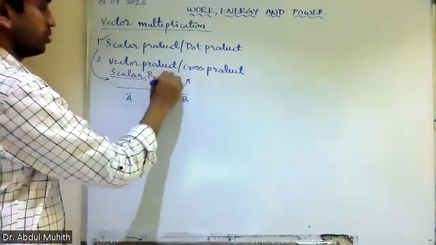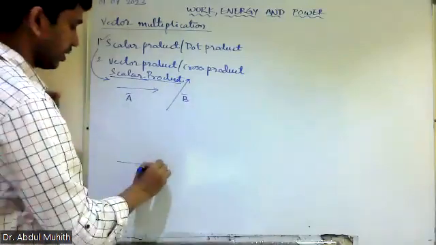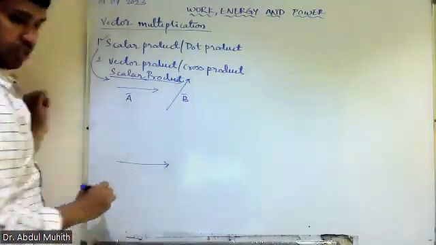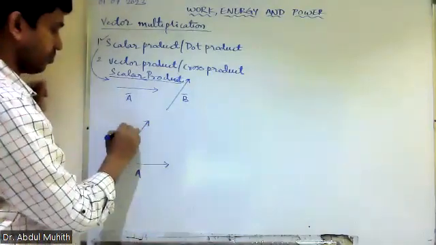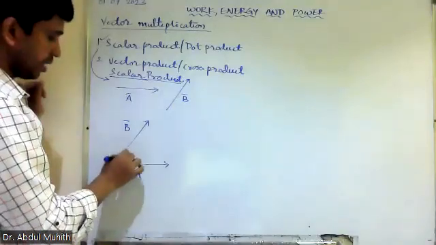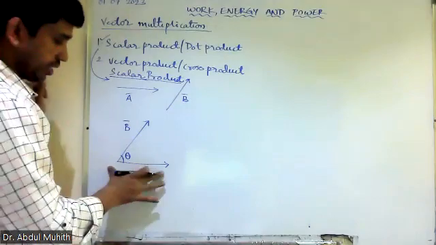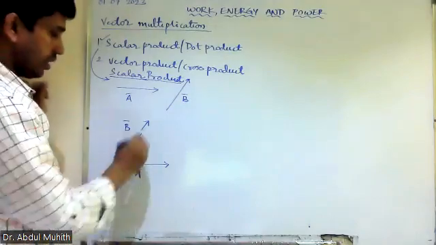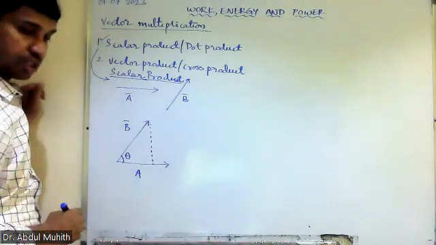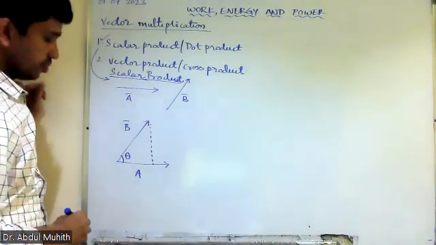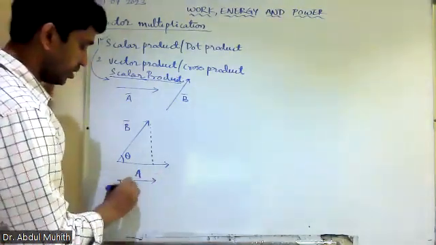The whole thing is vector A. We are taking the projection of B on A. So what happens when we are taking the projection of B on A? This is B cos theta.